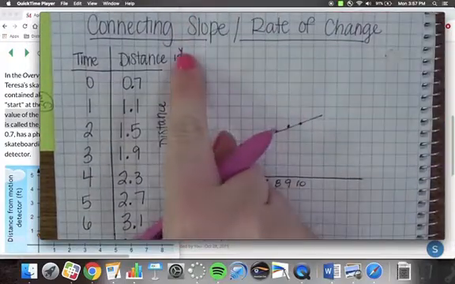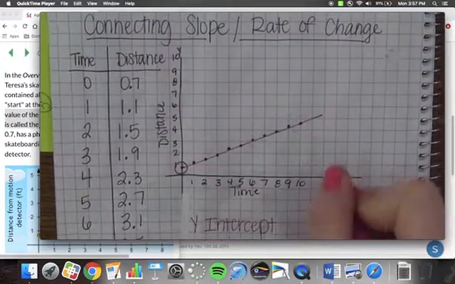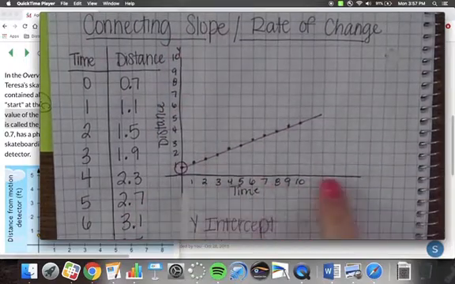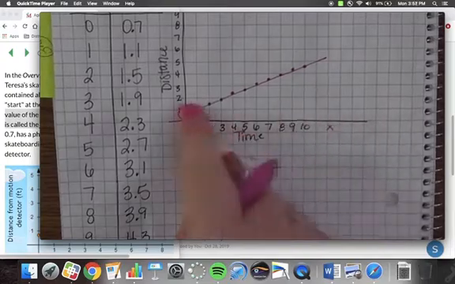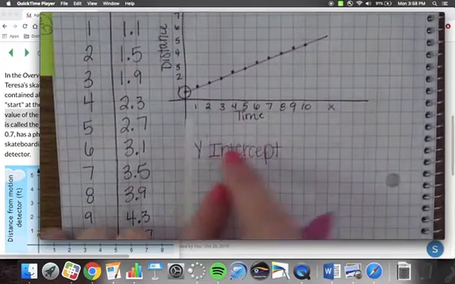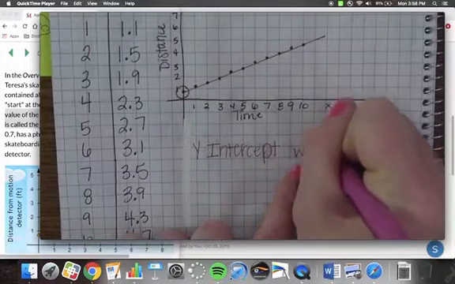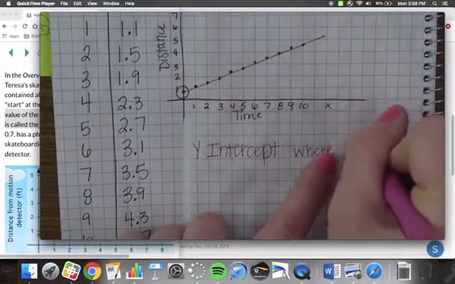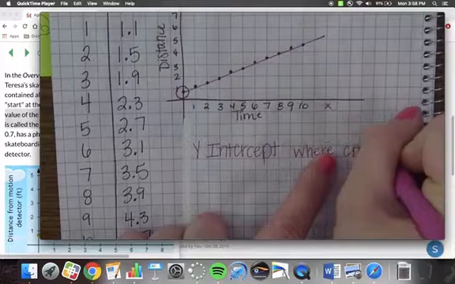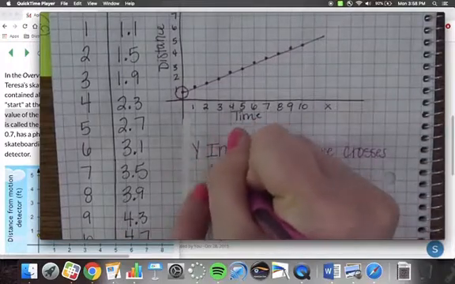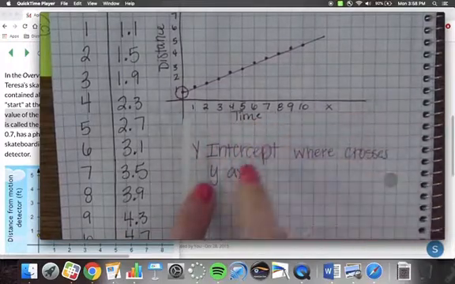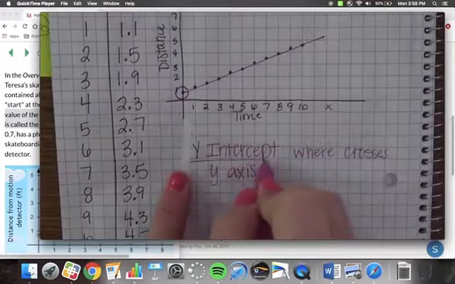Remember, the y-axis is the one that goes up and down. The x-axis is the one that goes across. So time is x, distance is y. So the y-intercept is where it crosses the y-axis.